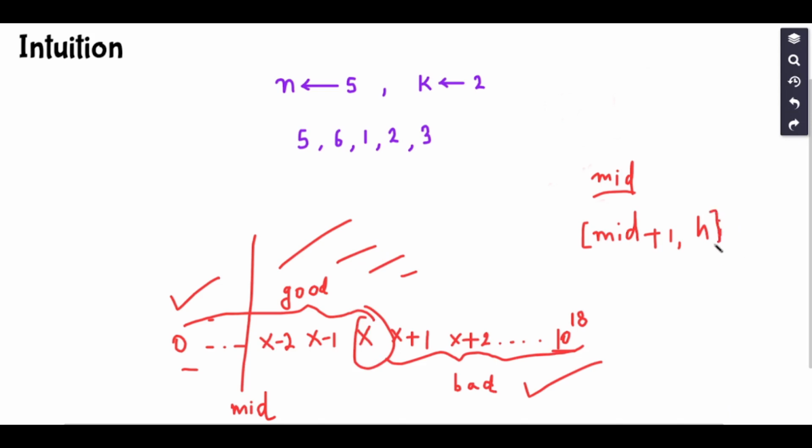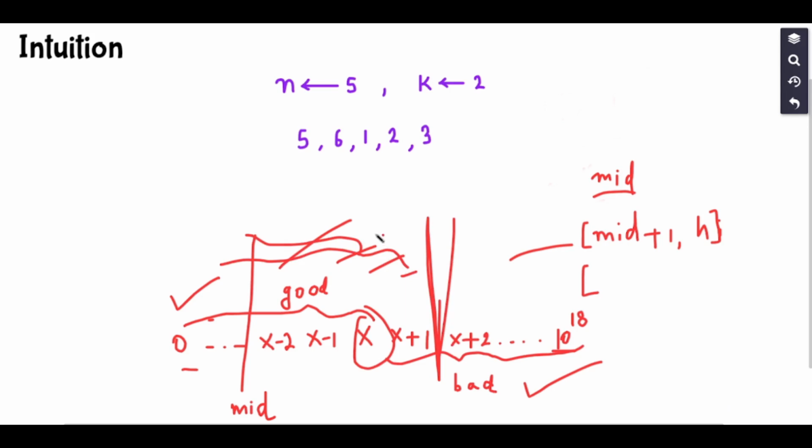That's how we reduce the search space in this case, while in the second case we land on the bad number of mushrooms. So let's say mid is here, the answer lies on the left side. So the search space will be reduced to low to mid minus 1.